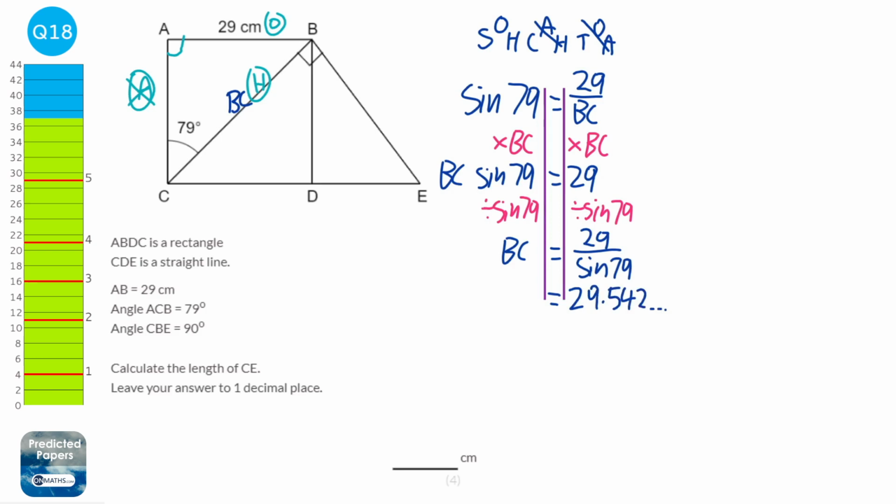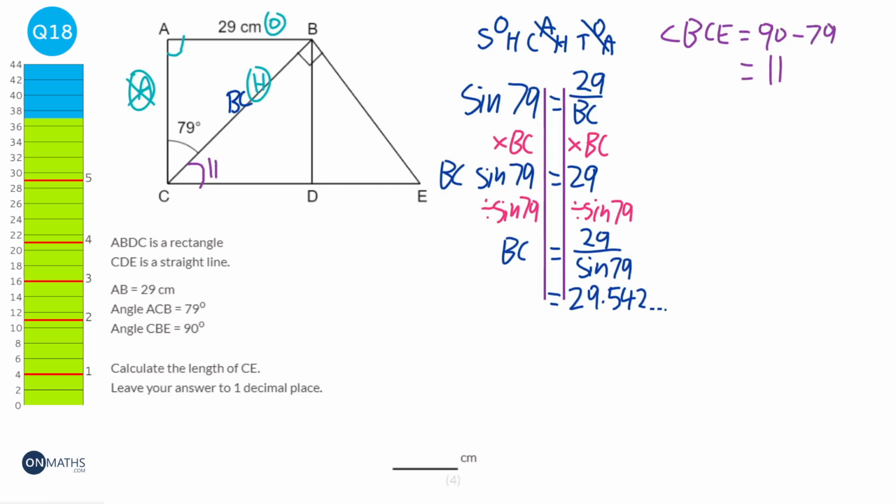Okay, so next thing we need to figure out is angle BCE. So where are we? This angle here. To work that out, we're just going to take 79 away from 90. So angle BCE is 90, take away 79, and that's going to be 11.